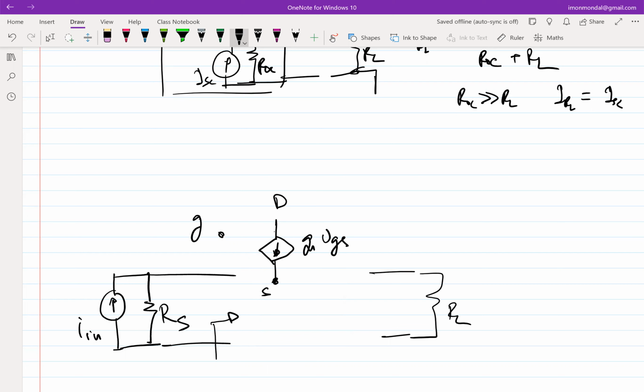So if I connect this here, and looking in impedance is 1 over GM, under what condition? What should be the gate when I'm saying that looking in impedance is 1 over GM?